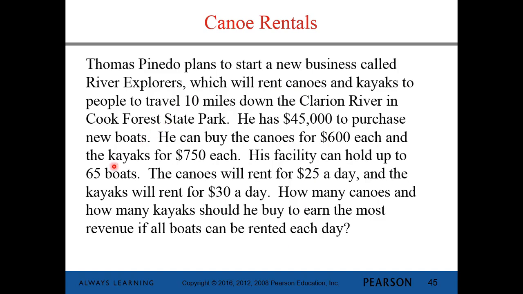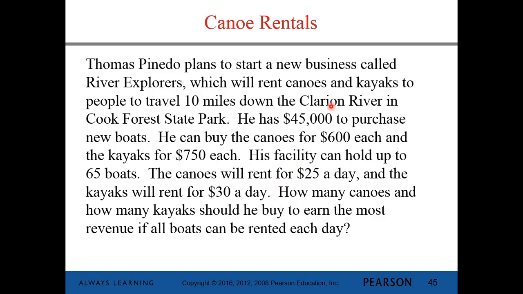The first thing we notice is that the total revenue he gets is going to be $25 times the number of canoes plus $30 times the number of kayaks. So let's make canoes X, and the number of kayaks Y. The total revenue is going to be $25 times X plus $30 times Y, and that's going to be our objective function.